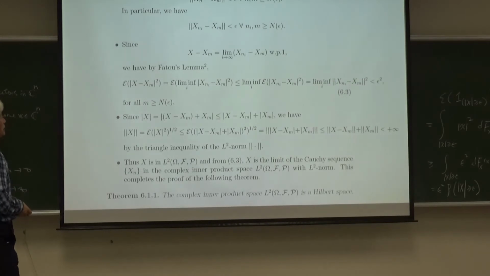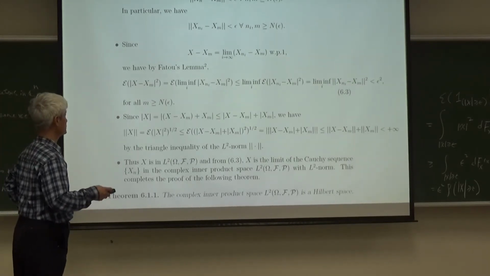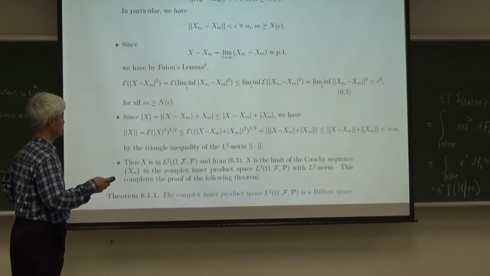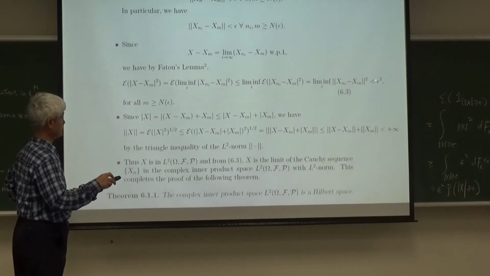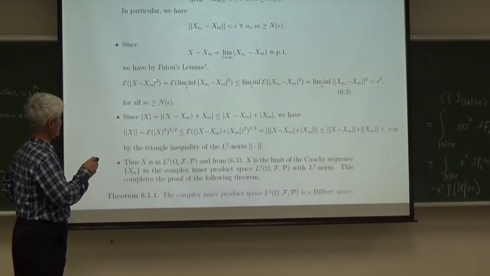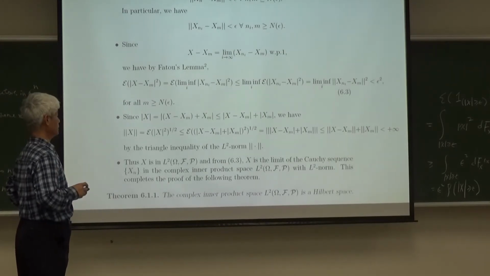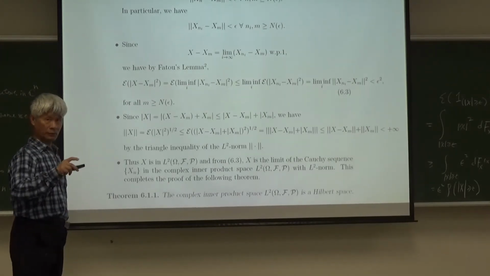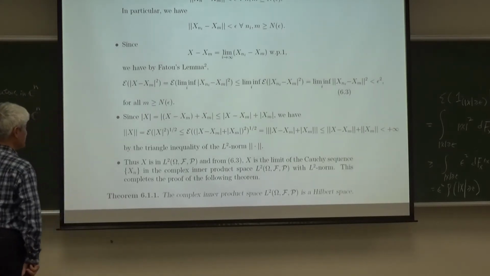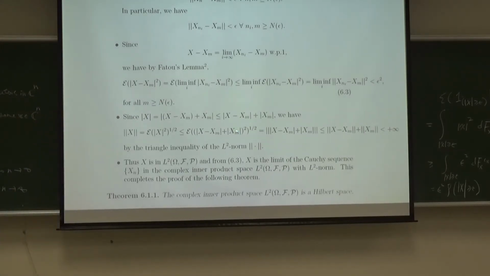So actually the distance between x and xm gets smaller and smaller if we take epsilon smaller and smaller. We just showed x is in L2, of course.